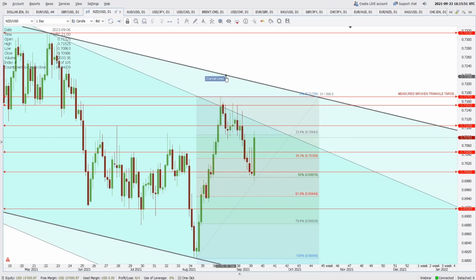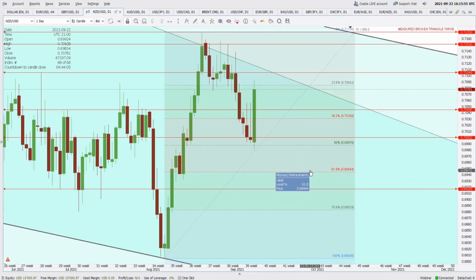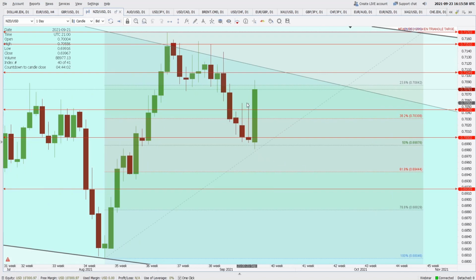Talking about the New Zealand dollar, it was also very good today. If you have noticed, yesterday I told you that there is a bearish pin bar on the New Zealand dollar, but you have to be very careful about this 50% Fibonacci from the previous rise. If you have not seen my last video, please go and see it, where I said that yes, there is a bearish pin bar, we can see 0.6916, but be very careful about this 50% retracement of the previous rise from here to here.